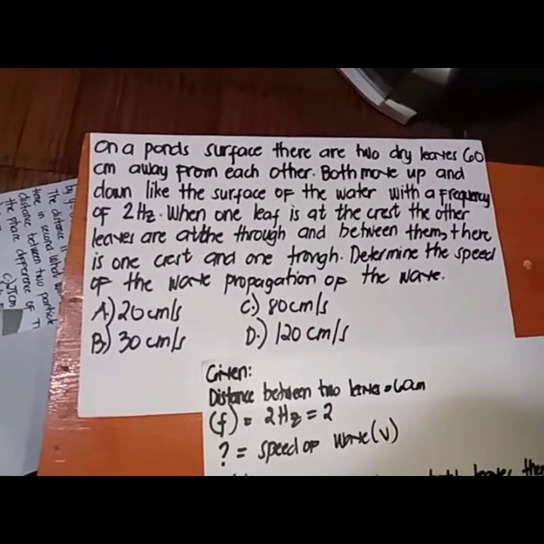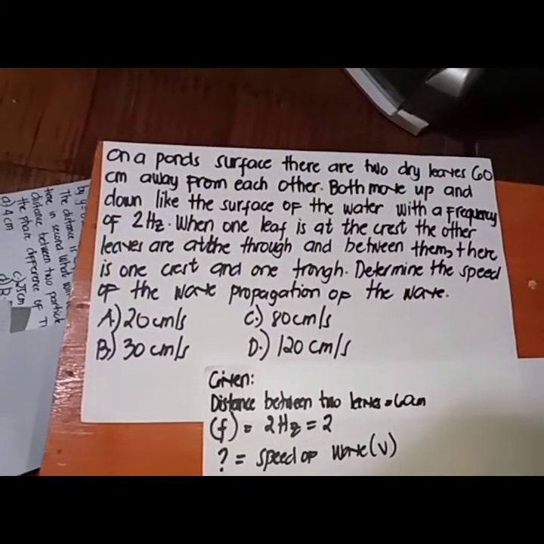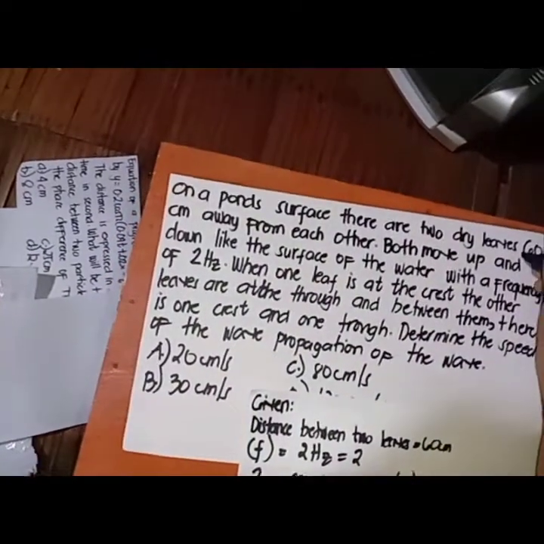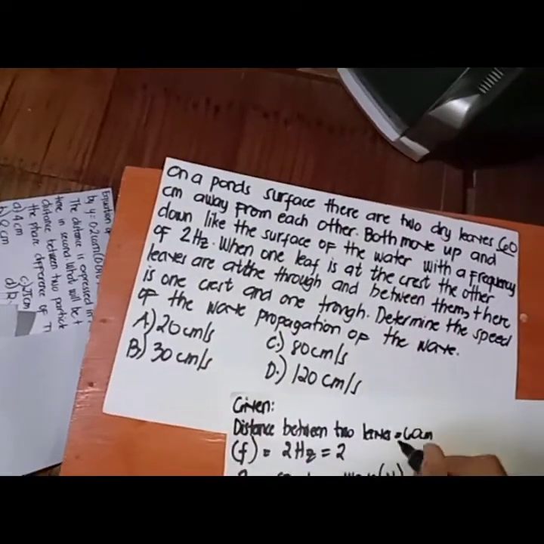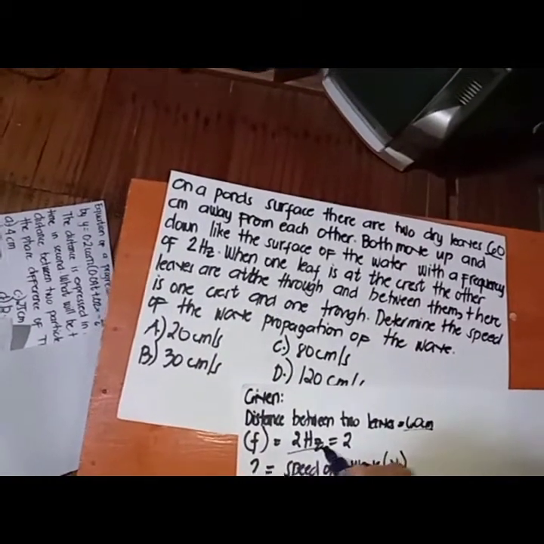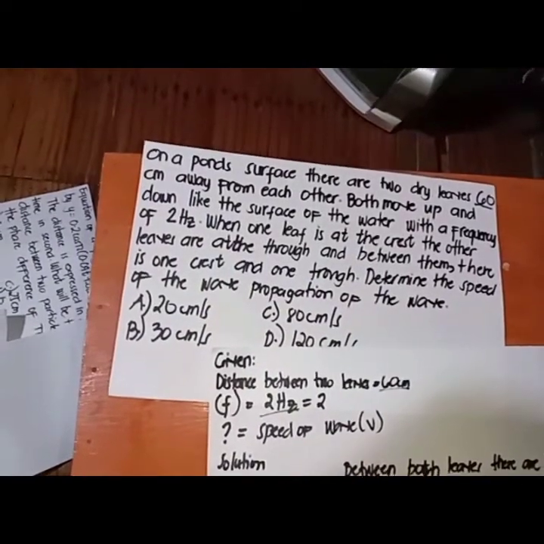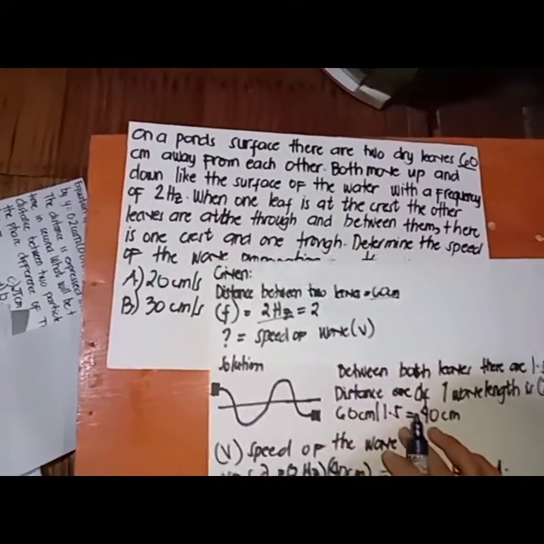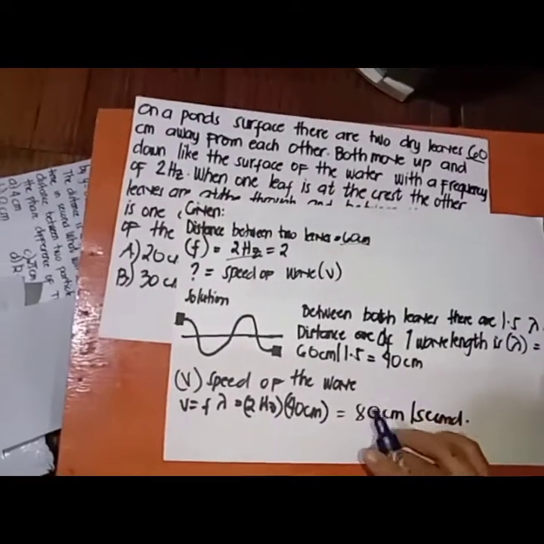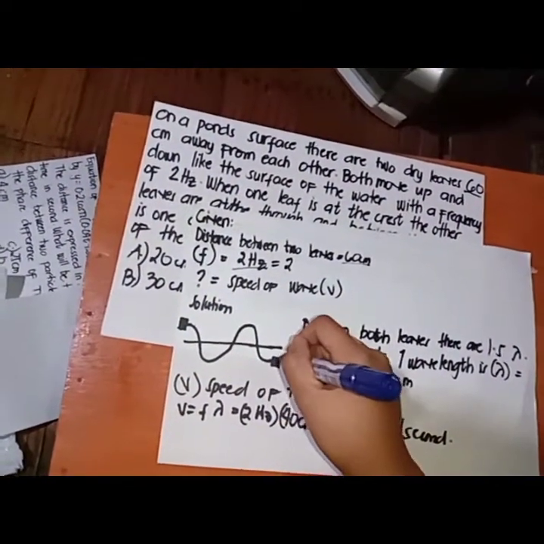So, our given based on our problem is that the distance between two leaves is 60 centimeters, and our frequency is 2 Hz. So, we need to find out the velocity or the speed of the wave. So, the solution is this. This is the graph. We will draw a graph.